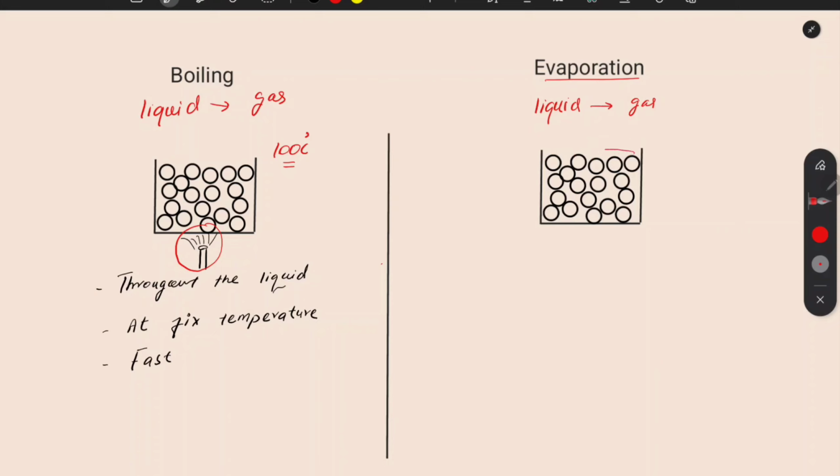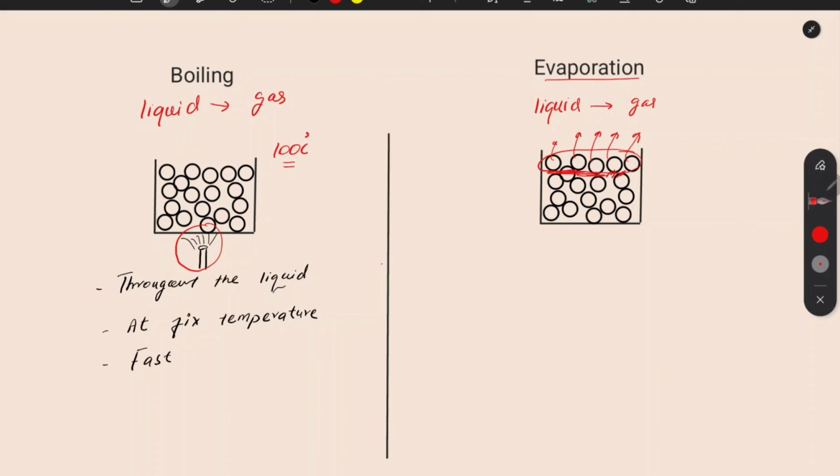The particles on the surface will have the highest energy, and it is very easy to detach these particles and convert them into gaseous state. So by just absorbing heat from the surroundings, or if you provide a very small amount of heat to this liquid, these higher energetic particles will absorb energy and detach, and that is why they will easily convert into gaseous state.